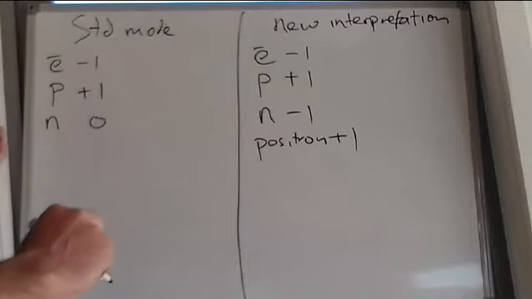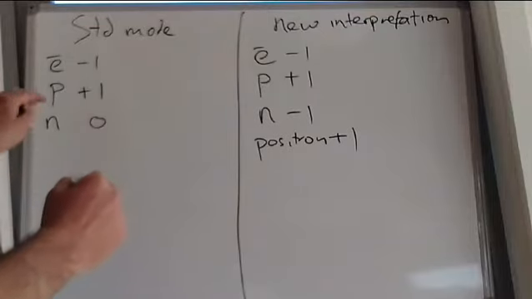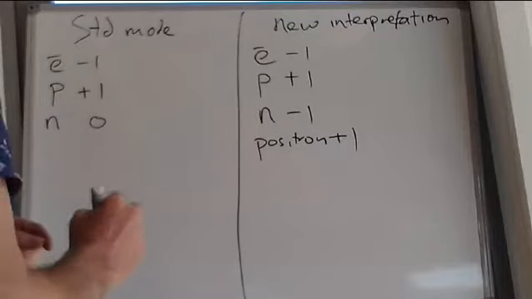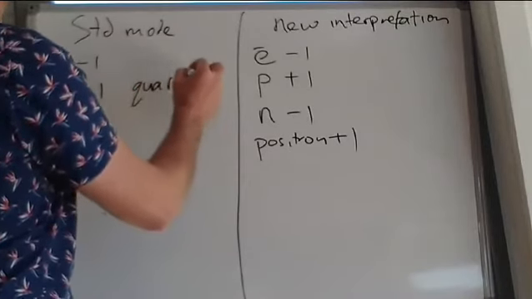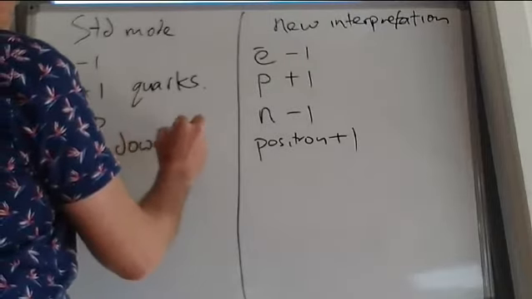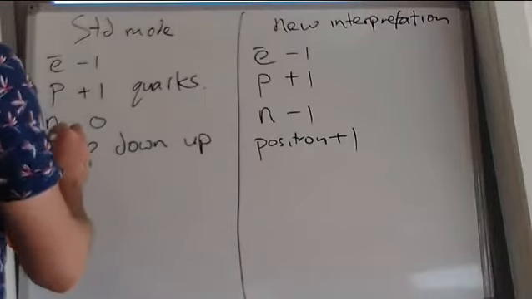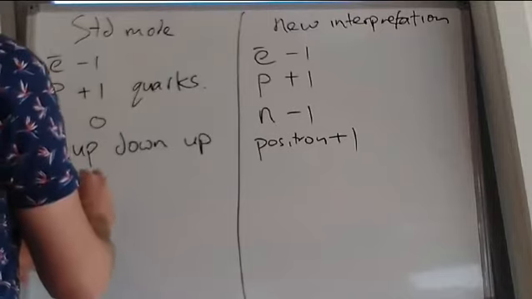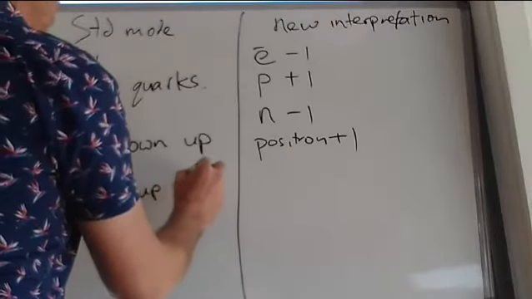Okay, so we have in the proton and in the neutron 3 quarks. Okay, so quarks, and we're talking about up, down, up for the proton, and in the neutron, down, up, down.